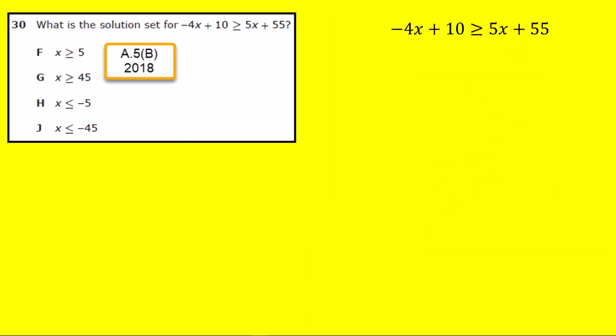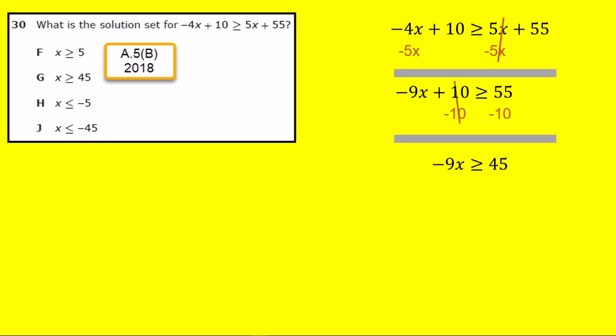In this example, what is the solution set for negative 4x plus 10 greater than or equal to 5x plus 55? We first collect the x terms on one side. So here we subtract 5x from both sides, leaving negative 9x plus 10 greater than or equal to 55. Then subtract 10 from both sides, negative 9x greater than or equal to 45.